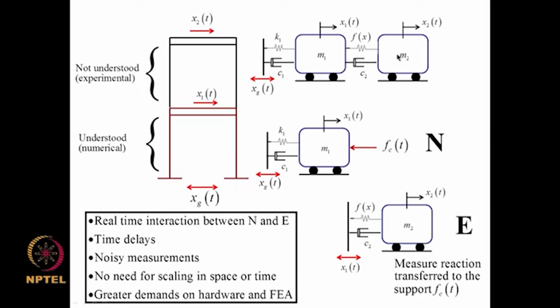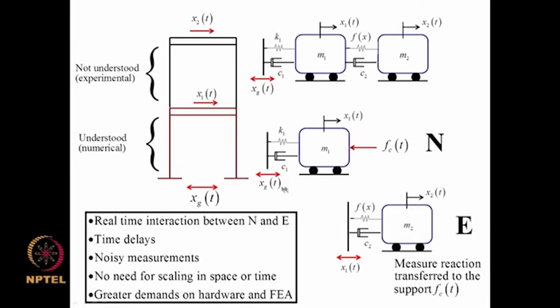Now in this analysis, this part of the structure is treated as a numerical model and this part of the structure is treated as an experimental model. N is numerical, E is experimental. So this resides on a finite element platform in our test protocol, and this is hardware, only part of the structure is mounted on a reaction wall or a shake table.